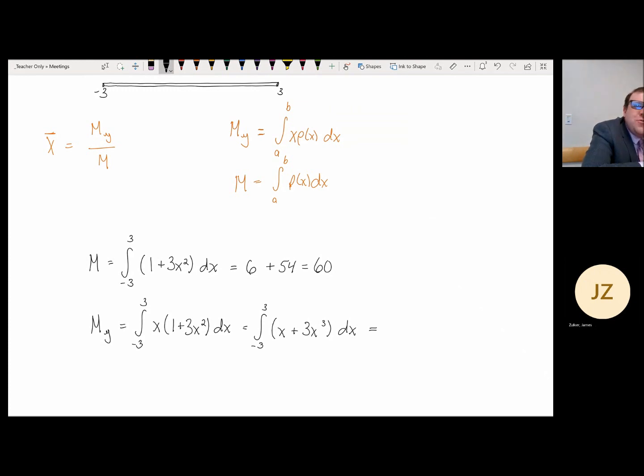X squared over 2 from 3 to -3, that is 0.